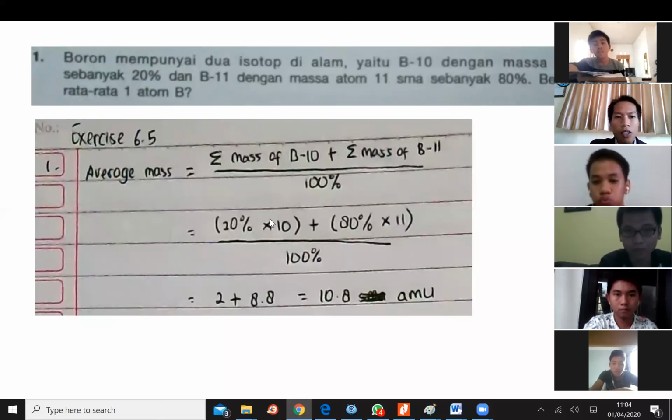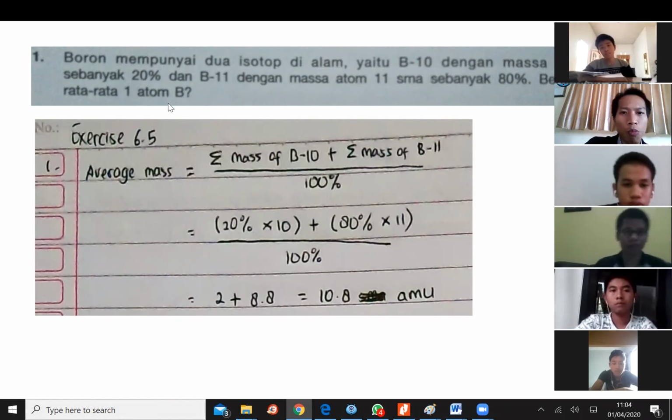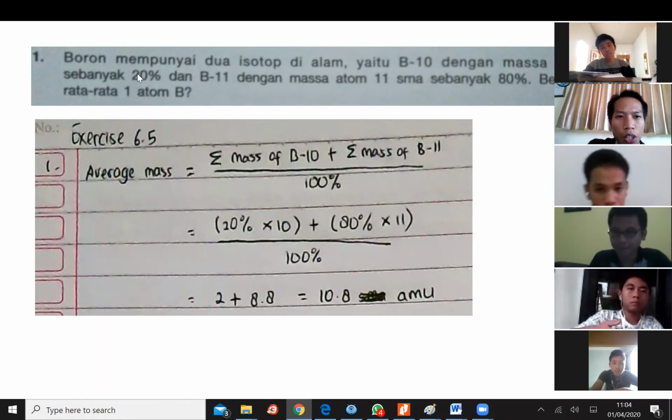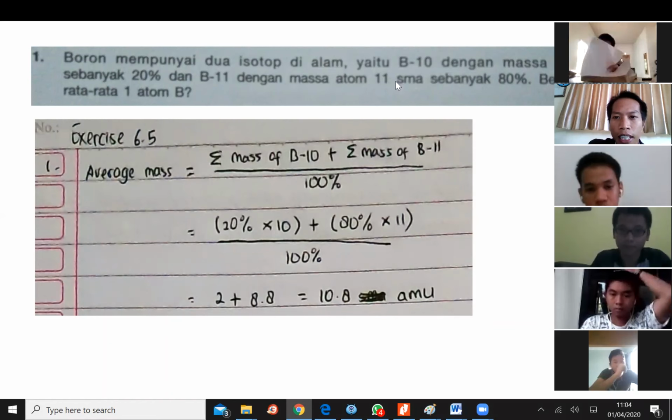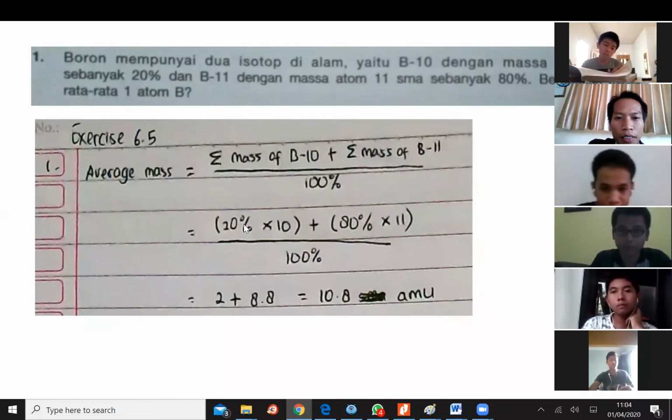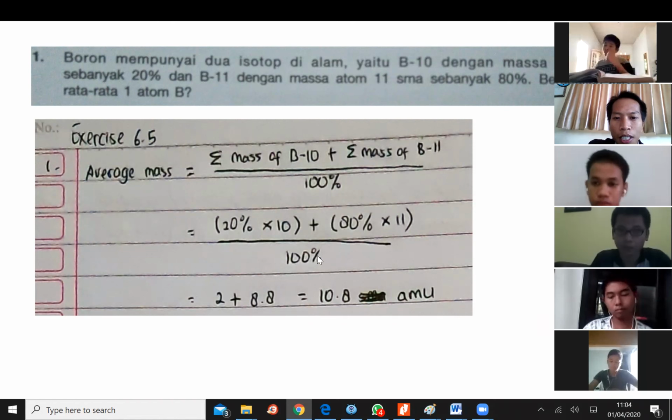Okay, so how to answer this question? What is the average mass of boron? We know that if we have percentages, you will get the average of this: 20% of boron 10 and 80% of boron 11. So 20% times 10 plus 80% times 11, divided by 100%. This 100% in the denominator is 1.